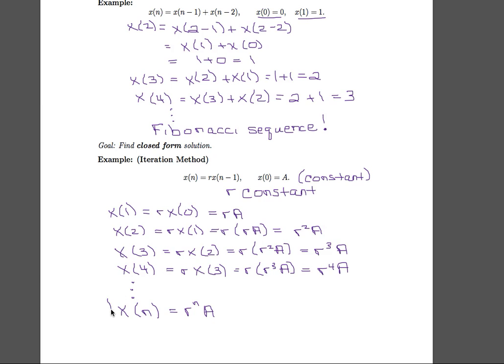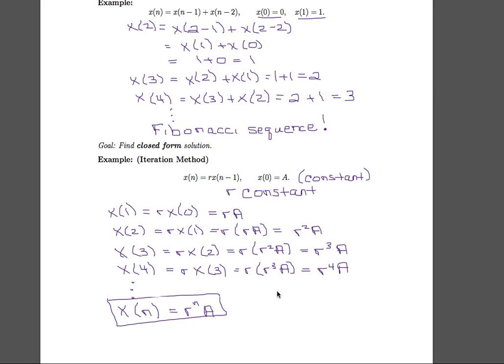And so now this is our closed form solution, because if I have a specific value of n, I can go ahead and directly plug that value in here and have my overall amount of the quantity x at time n without having to do all of the previous steps.